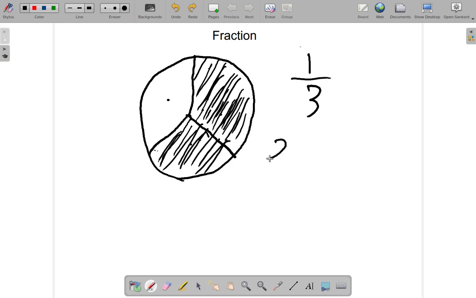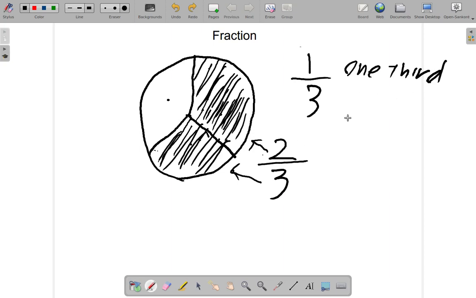So I get 2/3 of it. So there is 1/3 here and the other third here. I get 2/3 now. So this is 1/3, right? 1 out of 3. This is 2/3, 2 out of 3.